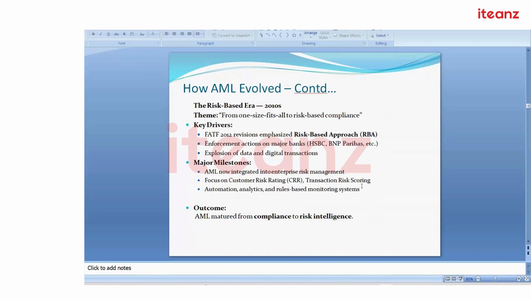The high-level approach is what FATF proposed somewhere in 2012: when a customer is onboarded, what kind of background he has. As I said, a PEP, a politically exposed person, or he comes from what kind of background. Based on his background, the bank will categorize him into three kinds of risk: low, medium, and high.